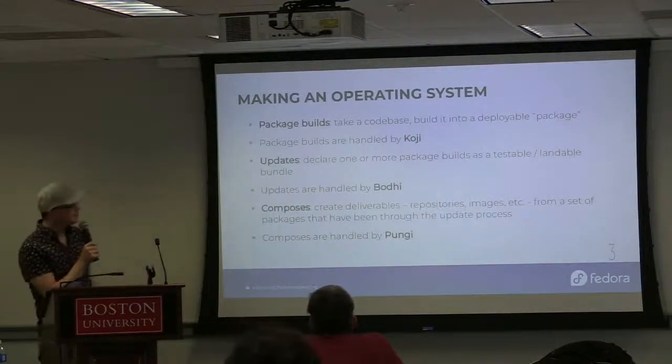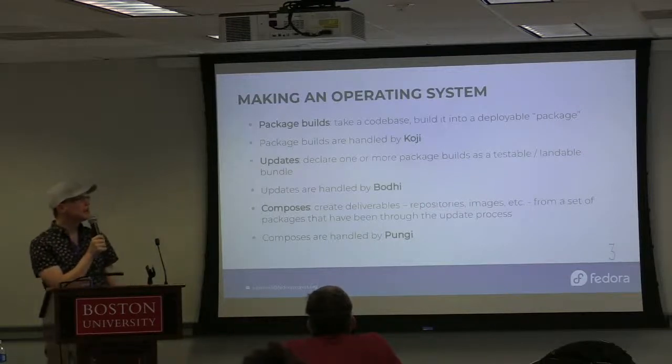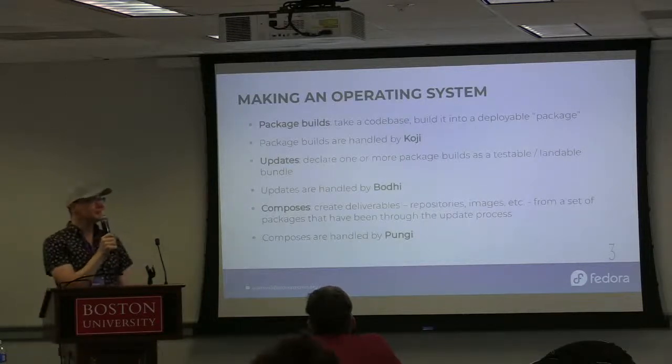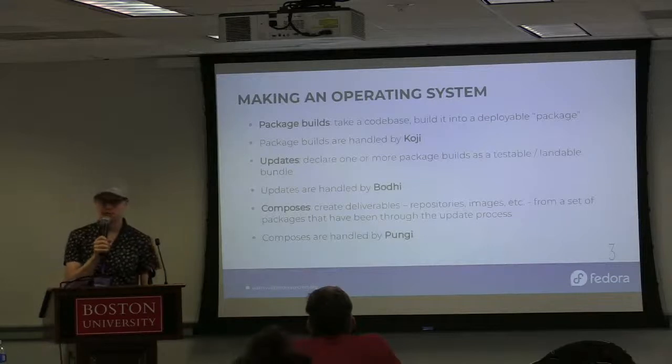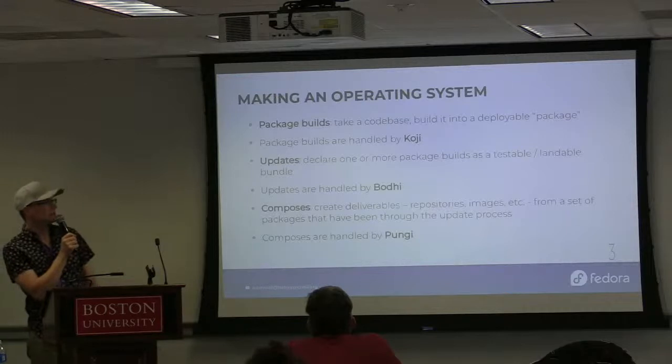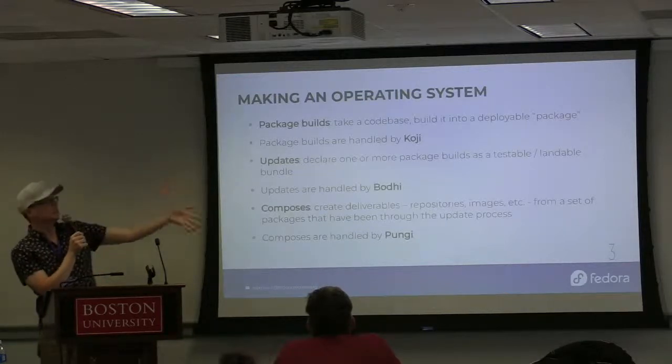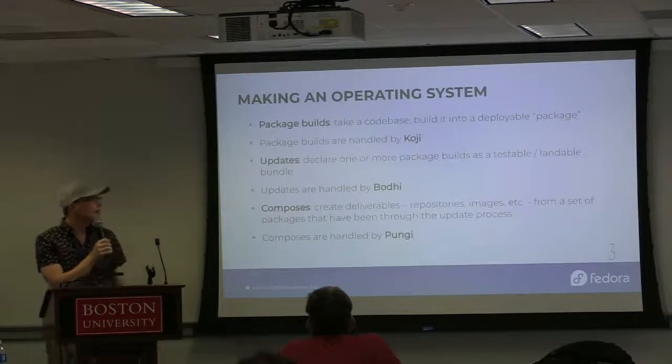So yeah, how do we make an operating system? Well, we take things that exist in the world, code bases, bits of software, and we build them. Building them means we turn them into a thing you could put on a computer that would do useful stuff. Those package builds are handled by a system. So I'm defining what we're going to use later.